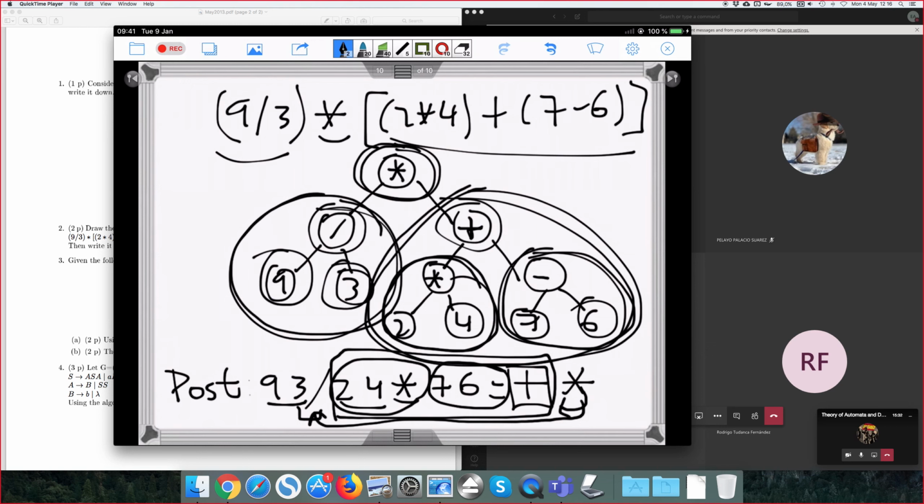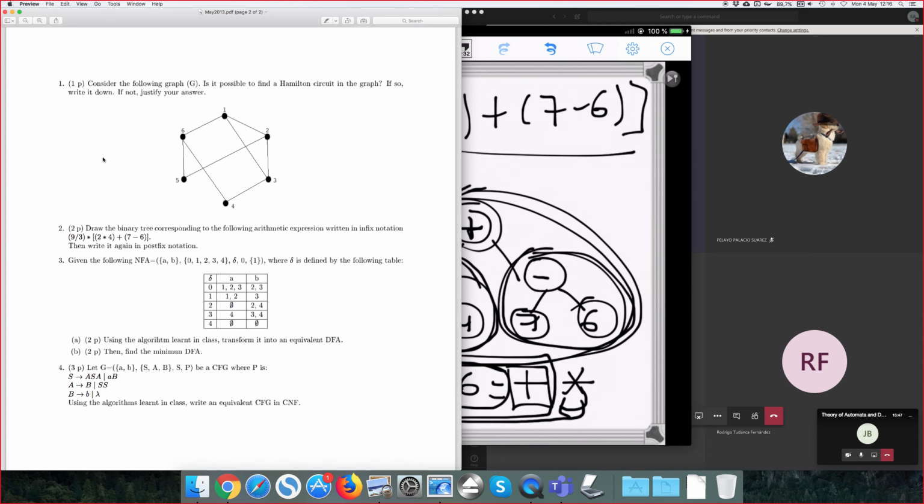Is it clear? Any question about this exercise? No? Okay, very good.